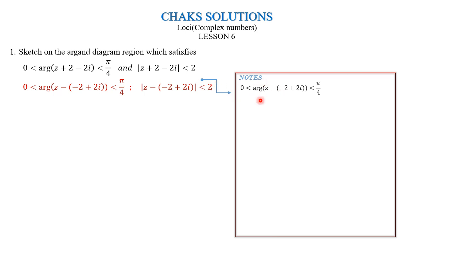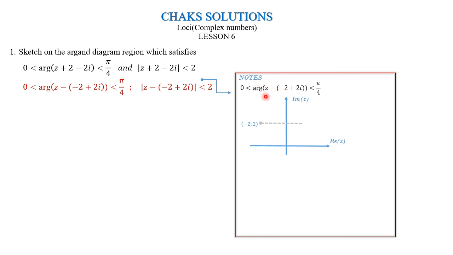So in this case, we need an angle which is greater than 0 from this point. Then also, we need an angle which is less than pi over 4 here. So we are going to have two lines, and then they will be having a region here. So let's go here on the real axis and imaginary axis. Alright, so we first plot our point. This is minus 2 and 2 here.